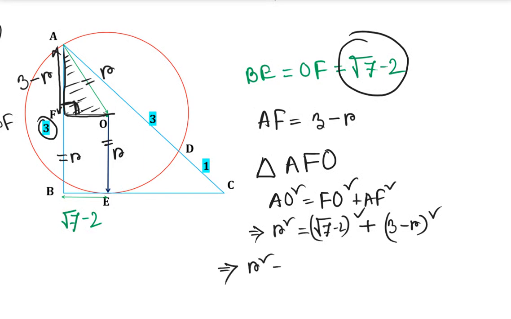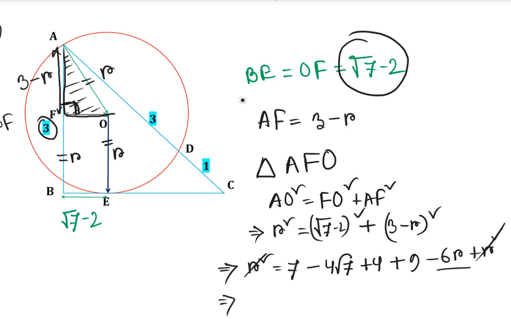So this will be R square, and this will be 7 minus 4 square root of 7 plus 4, plus 9 minus 6R plus R square. Both sides R square cancel. What do we have to determine? We have to determine the value of R. Indeed, let's change the side of the equation. So 6R will be on the left side and the rest, 7, 4, 9, it will be 20 minus 4 root 7.